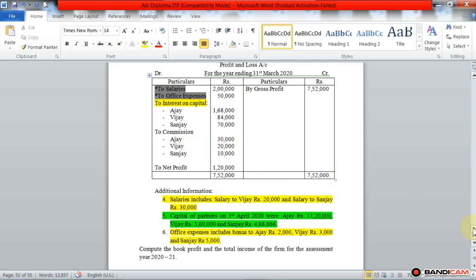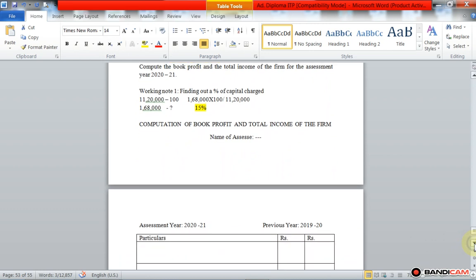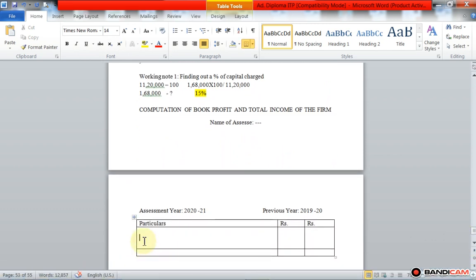Now we solve the problem. Here net profit is given, net profit is 1,20,000. Net profit is important for computing the income of the firm. So in the solution, net profit as per profit and loss account is 1,20,000.